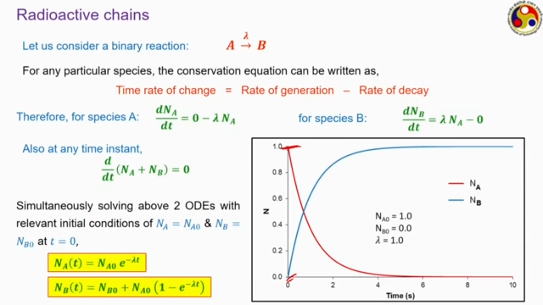You can also see that in this period it seems that the number of A isotopes is equal to 0 and that of B is equal to 1. Actually, there is a very tiny gap that remains, and A can become 0 only after an infinite period of time.